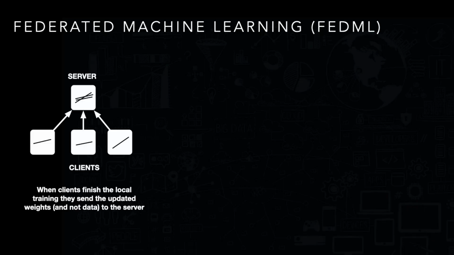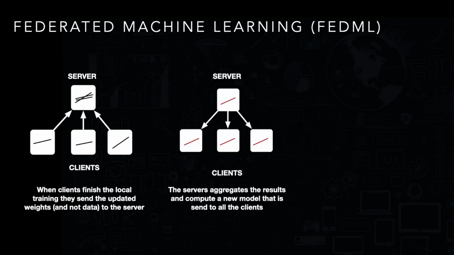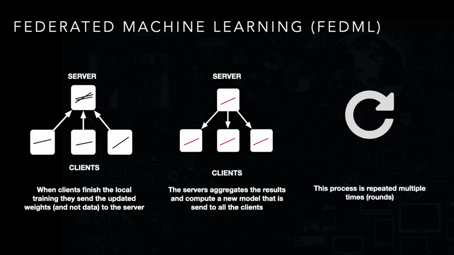Then the produced local models are sent to the server that has the job of aggregating these local models and computing a new model, which is the result of the aggregation of the local models, and then this model is sent to the clients in order to be used for further processing. In fact, this process is repeated multiple times, or multiple rounds, until a given condition is reached, usually after a given number of rounds are completed.